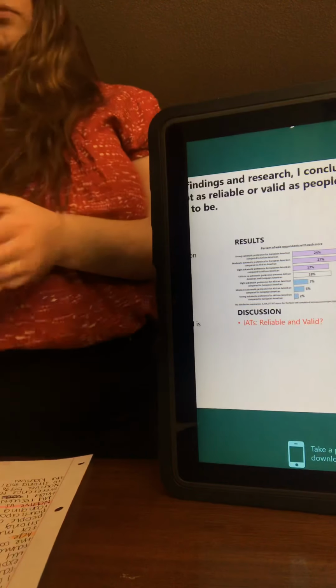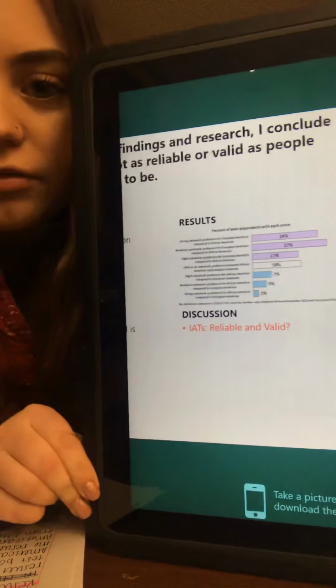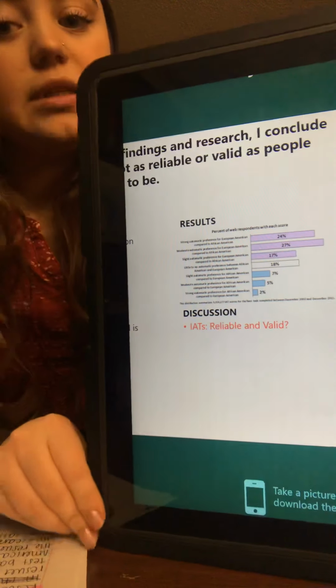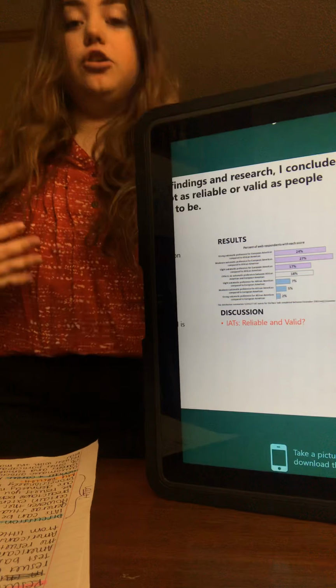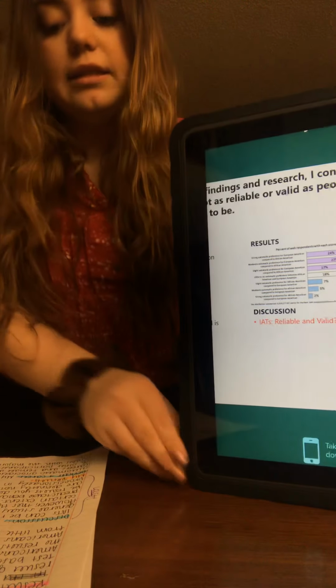So, for results, I found this graph as an example, and it actually is used for one of the tests. It's based on the European and African American test for the IATs.